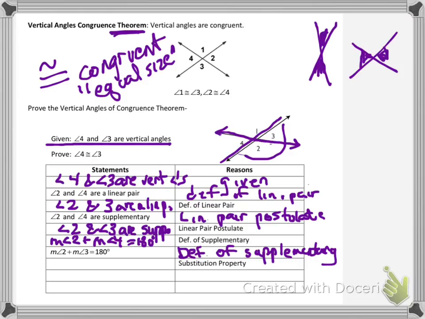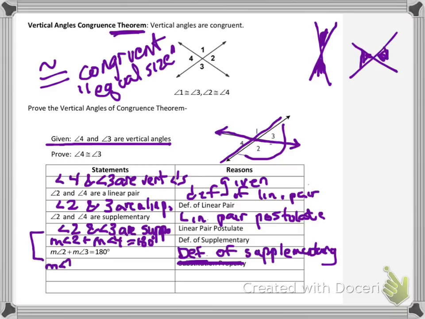Okay, I know this is substitution property, but I actually disagree with that. So I'm going to cross that off. I'm looking at these two lines, and I see the measure of angle 2 plus measure of angle 4 is 180, and so is measure of angle 2 plus measure of angle 3. So I'm going to say if they're both equal to 180, then they must be equal to each other.